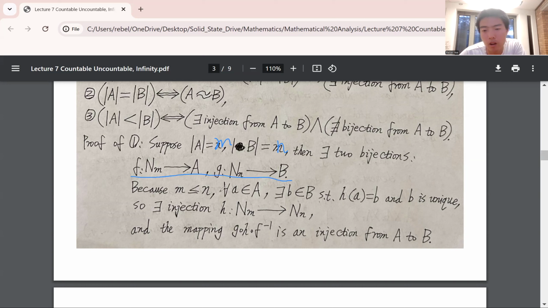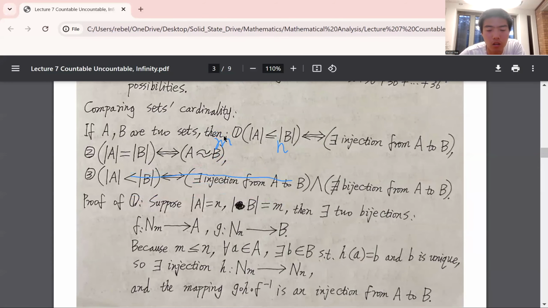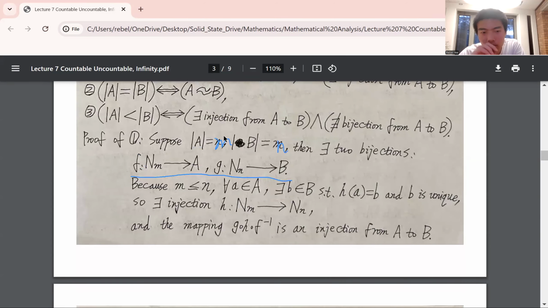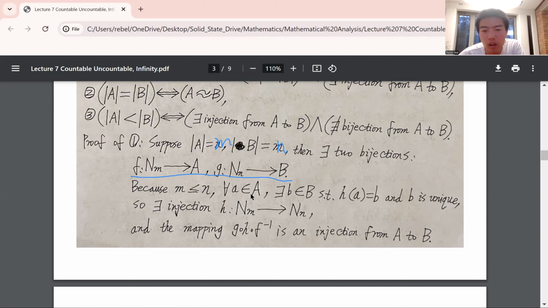Because first we can suppose M is smaller than or equal to N, right? And if it's smaller or equal, then for all of the elements inside set A, we can match another element in B. We can just match it, and B is unique because M is smaller.